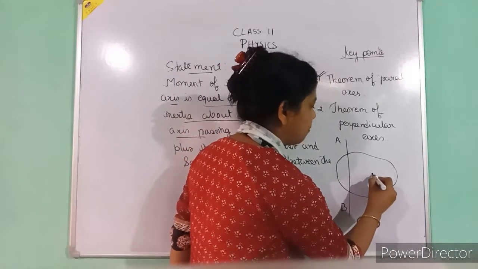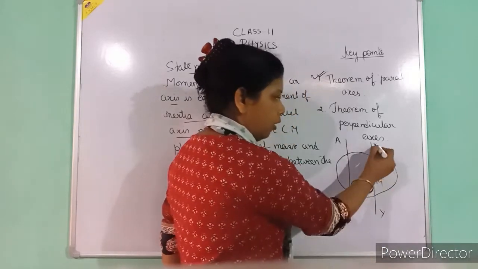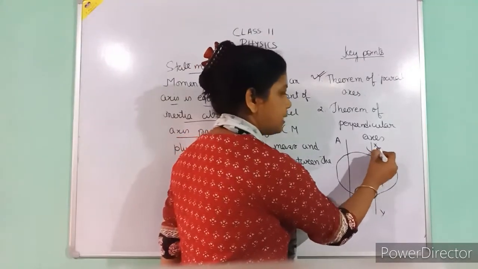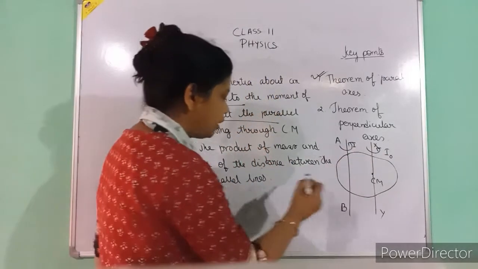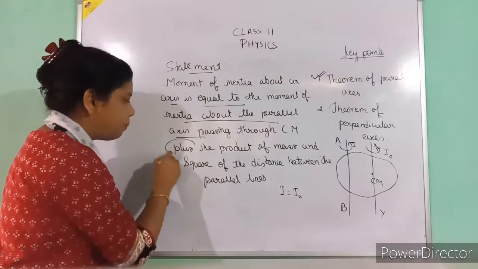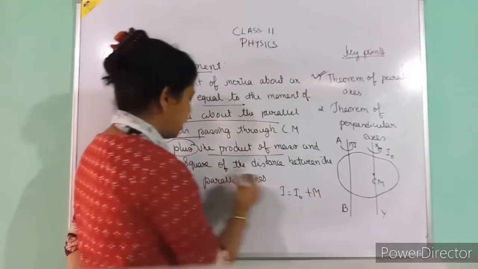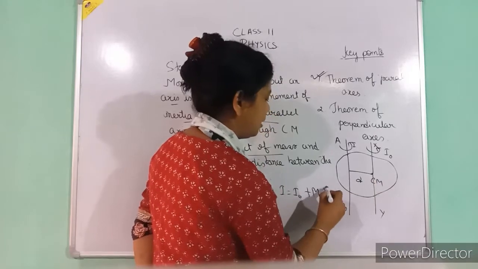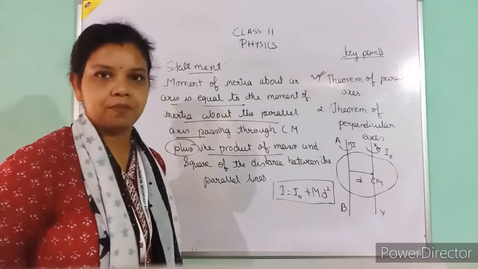Suppose this is the center of mass, and this axis is xy. The moment of inertia about this axis, suppose I write as I naught. This one is my I. Then according to the theorem, I will be equal to I naught plus the product of the mass and the square of the distance between them. Suppose this distance is d, it will be m d square. So this is the meaning of the statement.